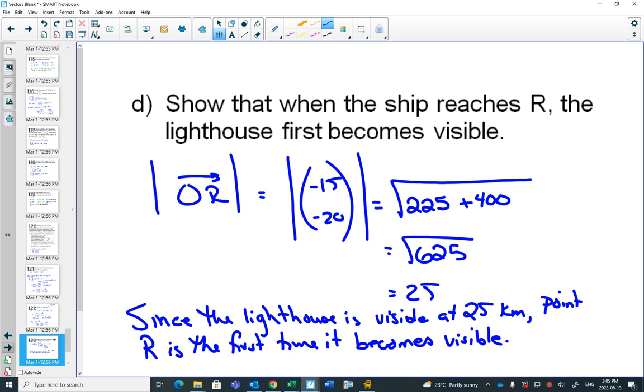So since the lighthouse is visible at 25 kilometers, point R is the first time it becomes visible.